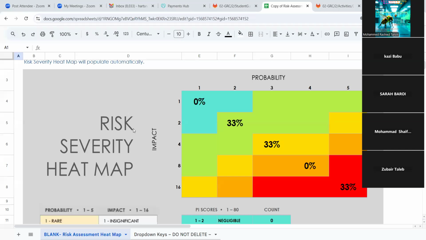Everyone see this heat map? I sent this heat map to your Slack.